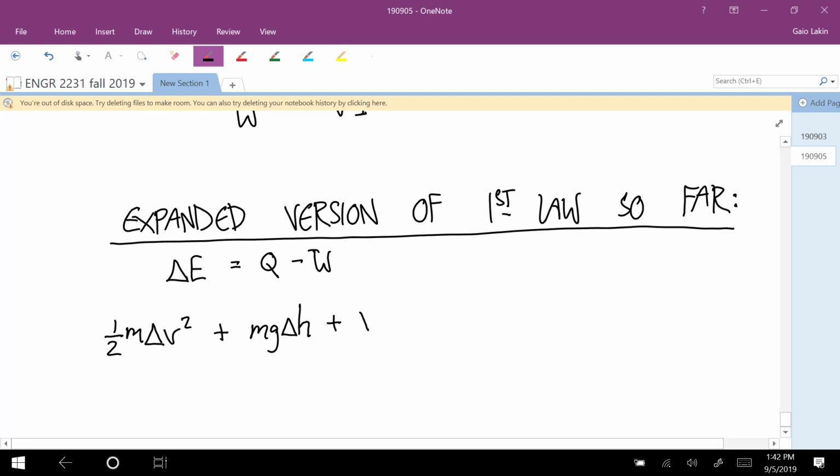And then we have one that we haven't expanded at all yet. We haven't talked about how to figure out the internal energy. We'll get to that eventually. So for now, that's just the change in internal energy. And all this is equal to, we haven't talked about heat yet, so I'm just going to leave that for now as Q.